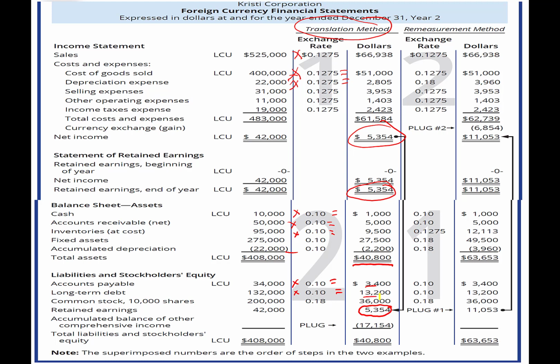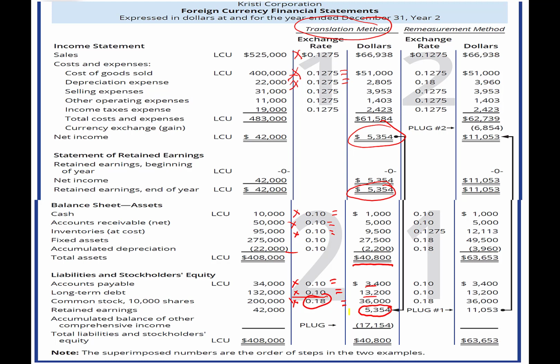Okay, and then common stock is the one that uses the historical rate. Okay, so I always use historical rates for common stock. That was the same under both methods. Okay, and that gives me then the amount for my liabilities, my common stock. I rolled my ending balance of retained earnings down to my retained earnings.